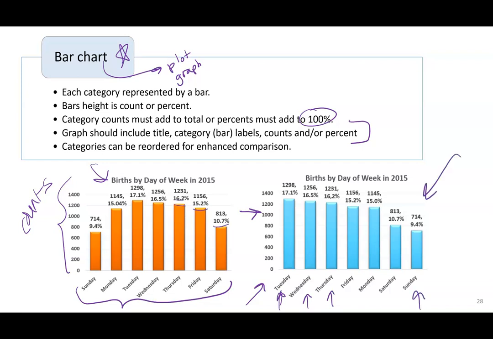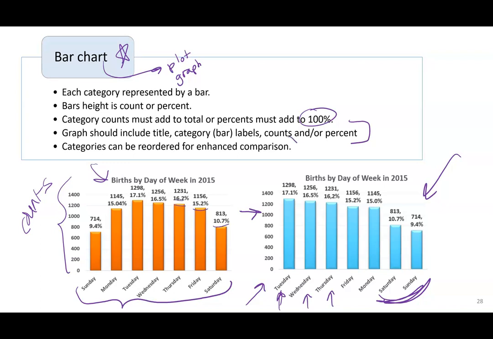So this way I can easily visualize, okay, well, what days were babies born on the most frequently? And it looks like Tuesdays, Wednesdays, Thursdays, Fridays, Mondays, Saturdays, Sundays. It looks like people, at least in this area, did not have their babies on weekends as often, which is interesting.